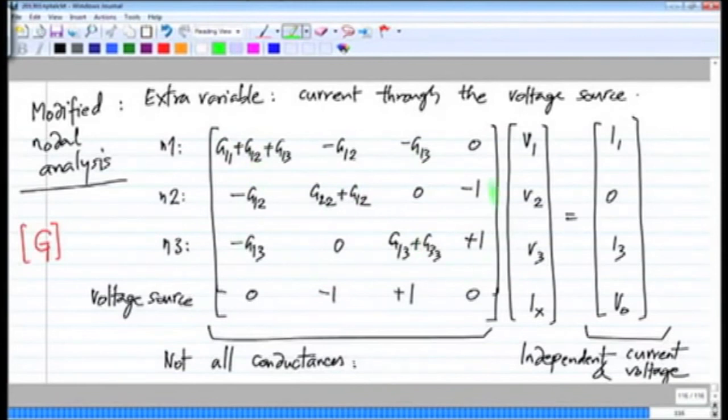These are all conductances, but these are basically dimensionless, the last row and last column. G times V, that originally was the vector of node voltages, but now it also includes a current, and finally equals I. And again, this is a vector of independent variables. It has the current sources as well as the voltage source. Now I don't want to introduce a new notation, so I'm going to keep it as it is.